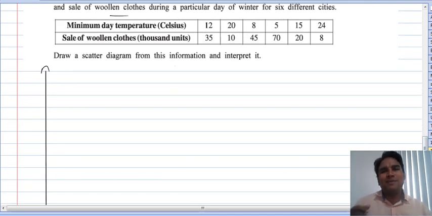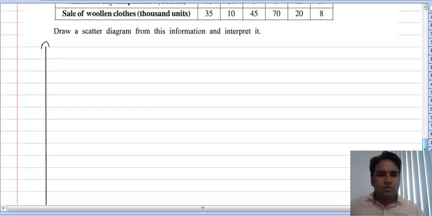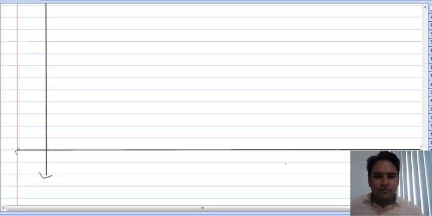On the basis of the diagram we will interpret whether it's partial, perfect negative, perfect positive, right? So we will first input the data. On the x-axis we will input minimum day temperature, right?